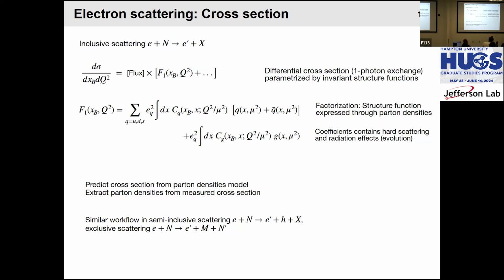These are the up, down, and strange quark distributions. We sum over all the flavors. This is multiplied with the quark charge square, which describes the coupling of these quarks to the electromagnetic current.